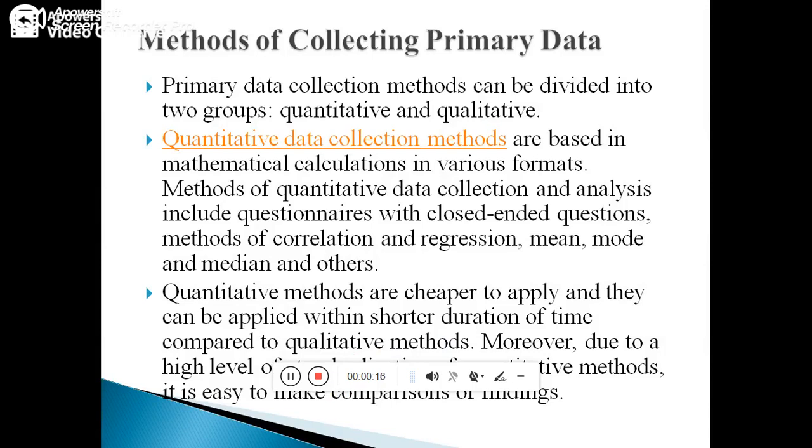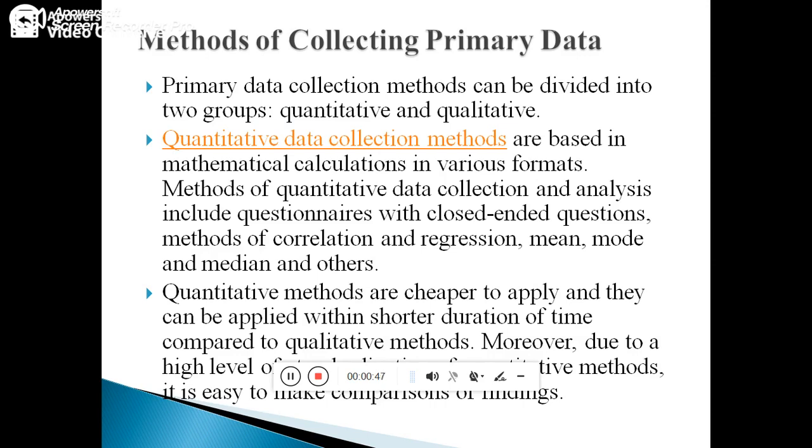The methods of collecting the primary data. Primary data collection methods can be divided into two groups: quantitative data collection methods and qualitative data collection methods. In quantitative data collection methods, quantitative data can be calculated and analysed, and includes questionnaires with close-ended questions, methods of correlation and regression, mean, mode and median, and others.